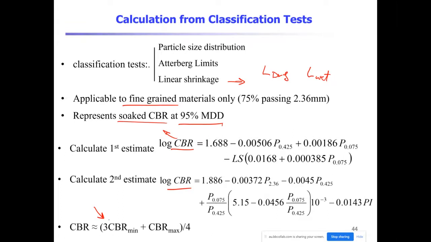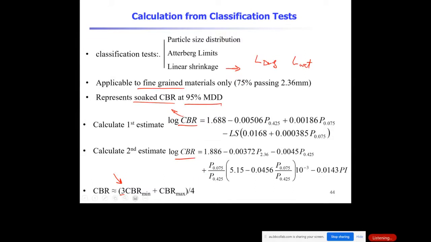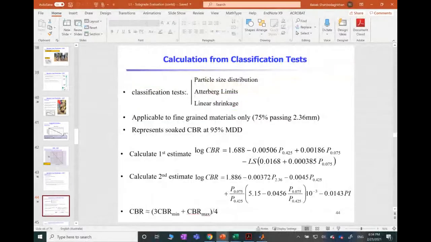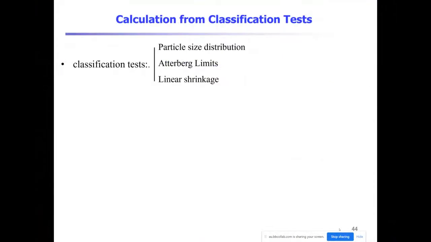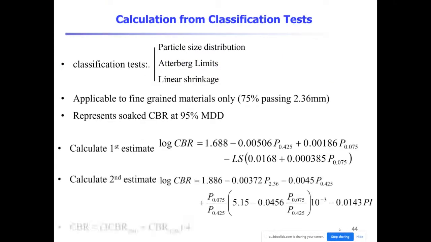So we give a higher weight, 3, to the minimum value and a lower weight, which is 1, to the maximum value. And then we divide it by the total weight, which is 4. So it is called the weighted average that we use.